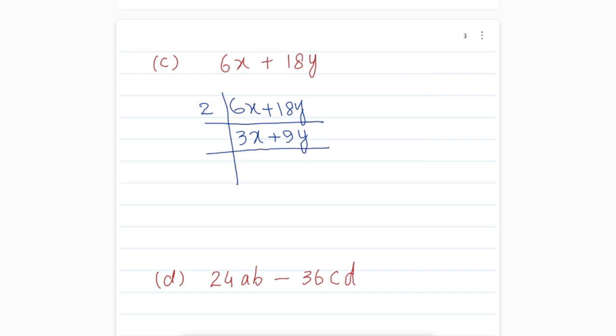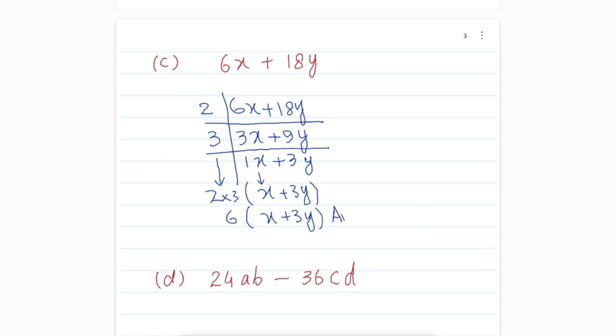So we'll be dividing by 3. 3 ones are 3 and x, plus 3 3s are 9 and then y. No more common divisor is there, so we will be writing here 2 times 3, and the bracket 1x will be written as x plus 3y. So it becomes 6 times bracket x plus 3y, and this is your factorization.